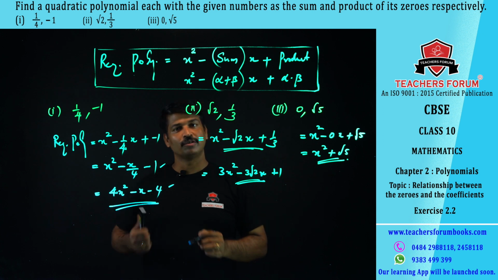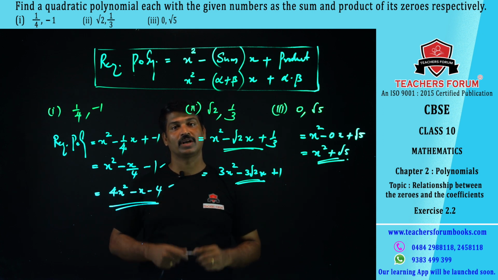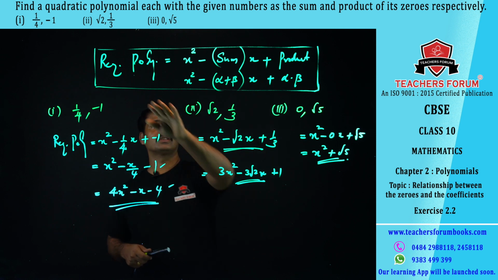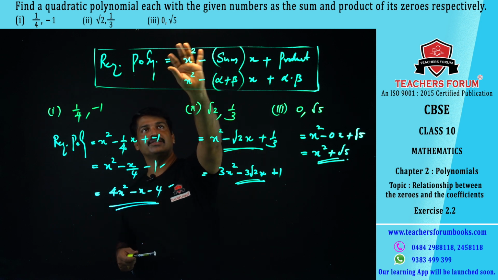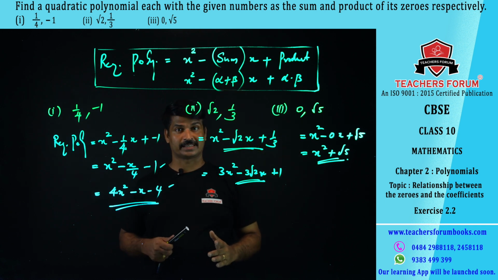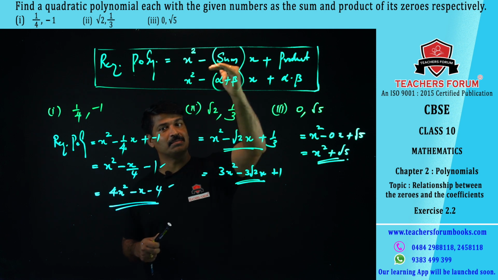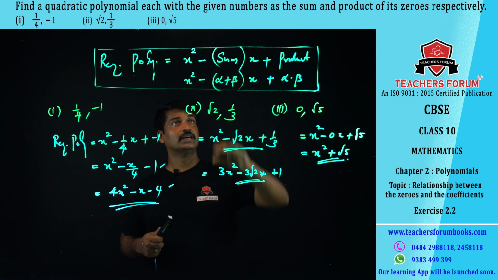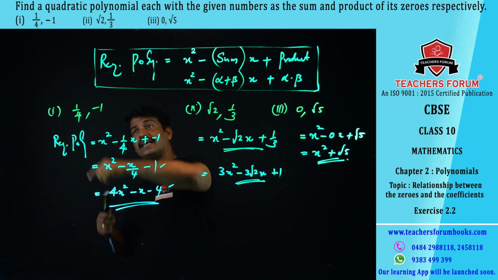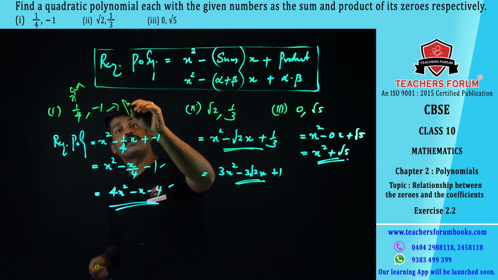Okay. So if you know the sum and product of zeros, you can make a quadratic polynomial using this relation. Required polynomial is equal to x square minus sum into x plus product. That is x square minus, what is sum? Alpha plus beta, into x plus alpha into beta.